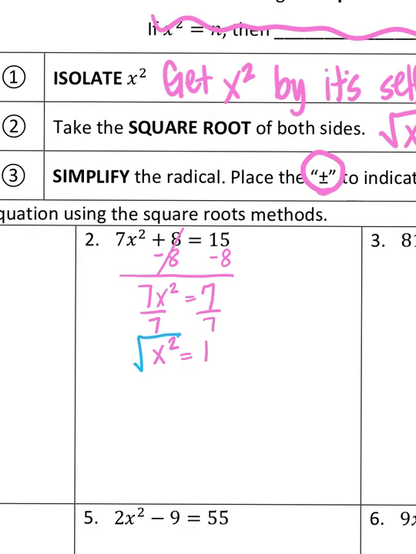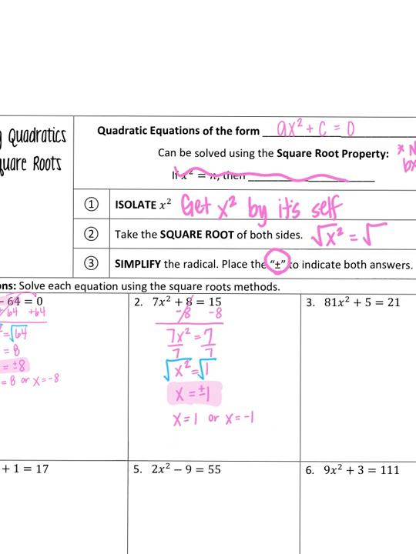We take the square root of both sides, and we get x equals, and the square root of 1 is always 1. We add the plus or minus in front, so x equals plus or minus 1. That says x equals 1 or x equals negative 1. Either one would work, but it has to have that plus or minus.